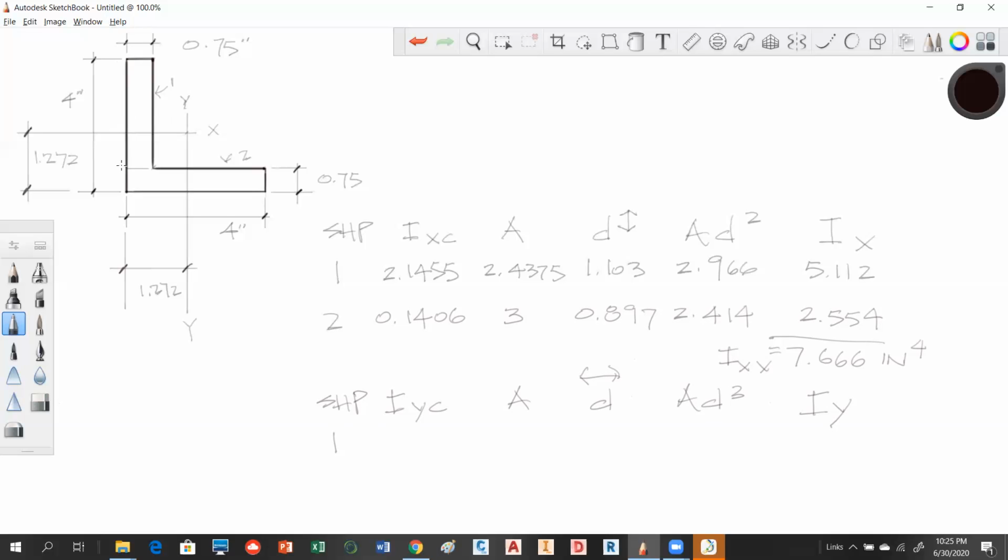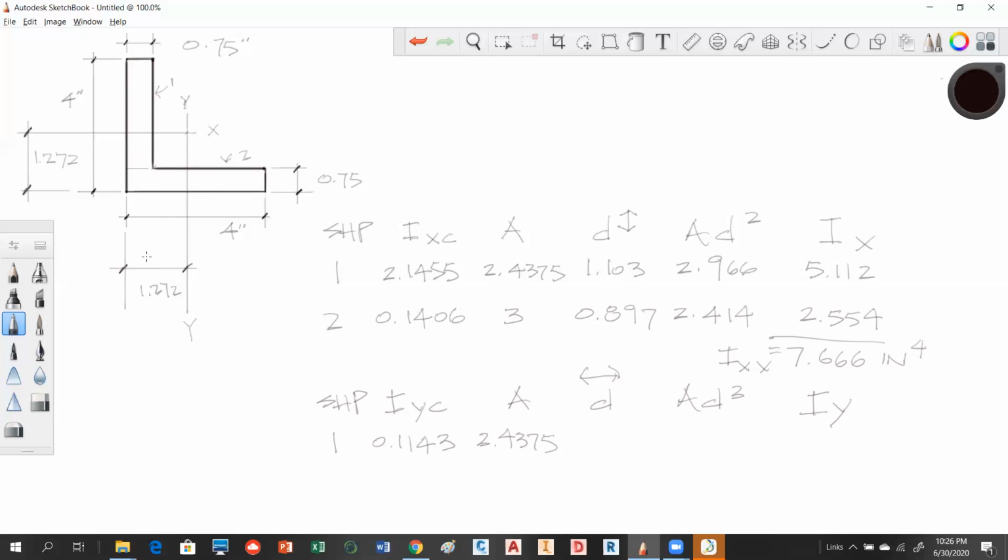This is now the base, 3 1/4 times the height. So that's going to be 3 1/4 times 0.75 cubed divided by 12. And what that gives us is a really small amount of stiffness, 0.1143. So that's not contributing much. The area of that is the same area as we just calculated, 2.4375. Okay, so we're looking at the distance going from this guy's centroidal axis, which would be 1/2 of 3/4 over, and this.